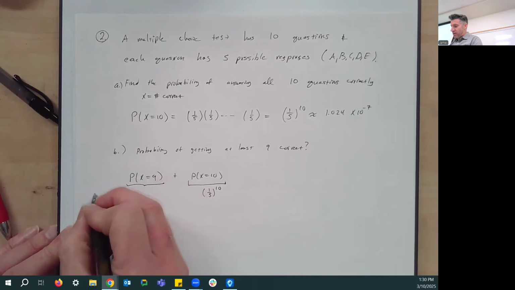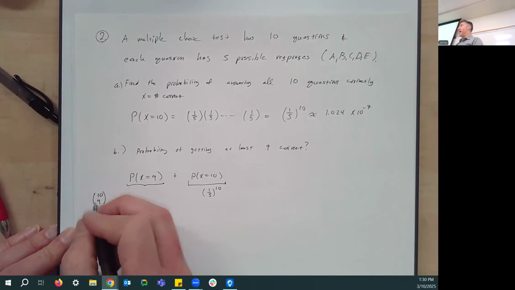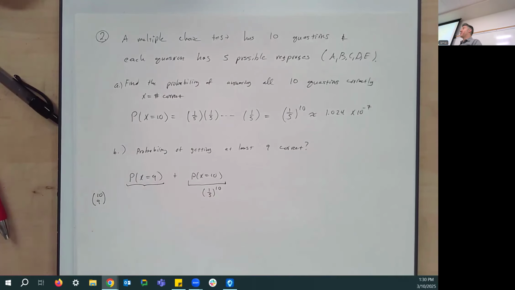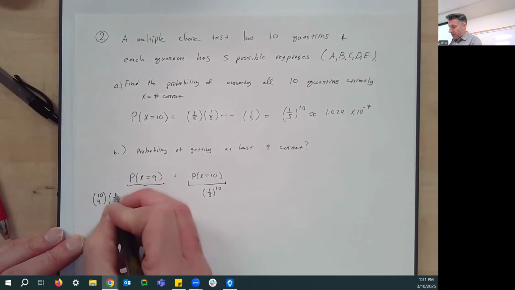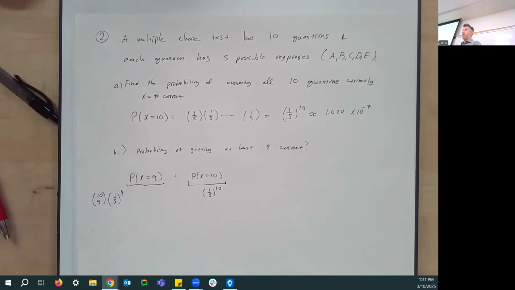It's going to be 10 choose 9. For the 9 we're going to get correct, there's 10 different ways you could pick that, AKA there's 10 different ways you can pick the one you get wrong. Times 1/5 to the 9th power, because we want 9 of them to be correct, and there's a 1/5 probability that each of those 9 are correct.